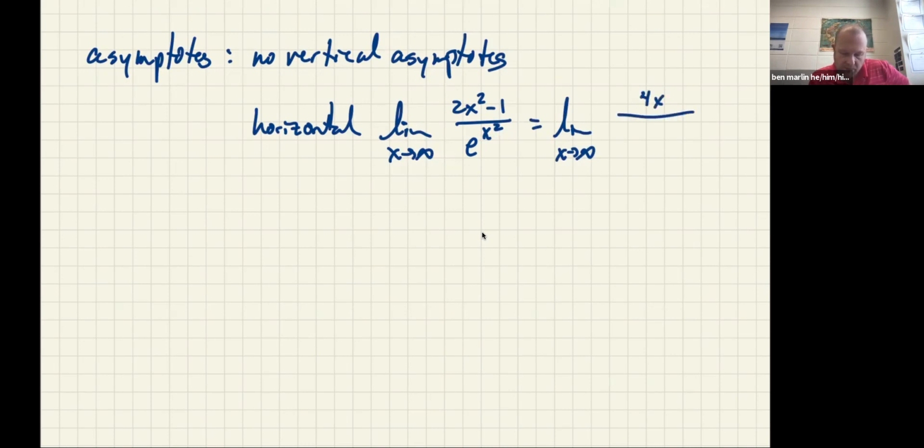And the bottom is going to be an e to the x squared times 2x because of the fact that you have to use the chain rule, right? That means that we can cancel those x's. And for that matter, we can cancel the 2 against the 4. Now as x is going to infinity, we've got 2 over infinity, so we end up with 0. So y equals 0 is our horizontal asymptote.